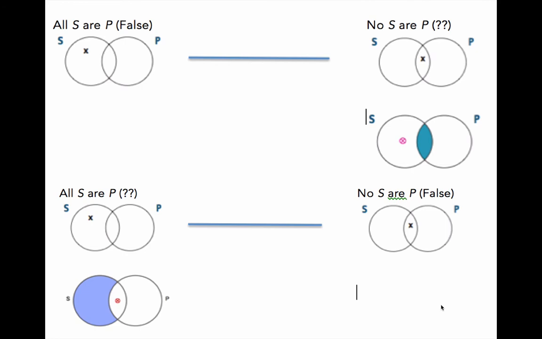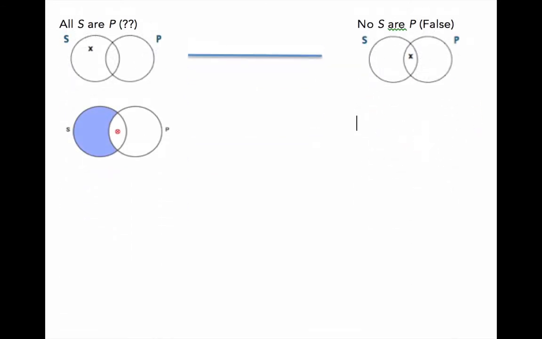It's really not accurate. At the very least, it's not precise. We simply cannot determine what a contrary is when the universal is false.